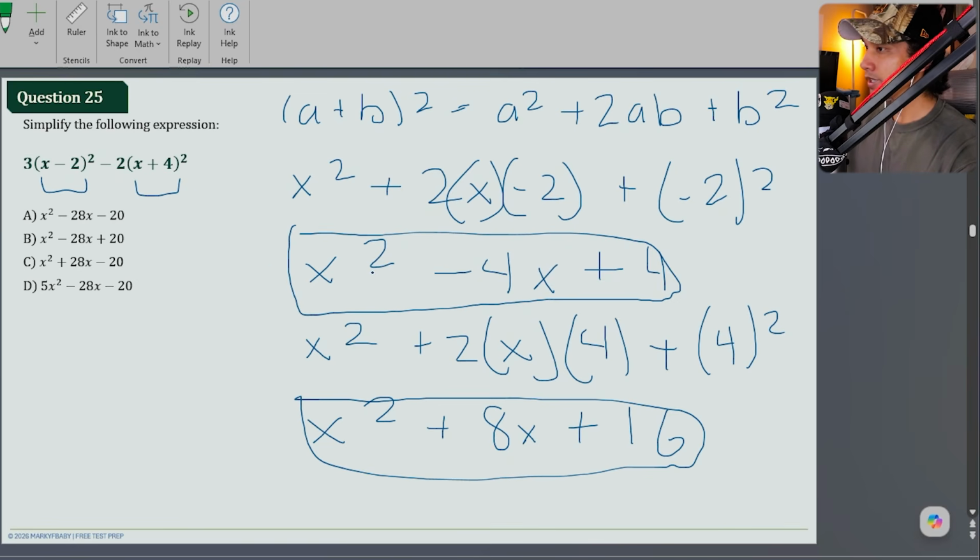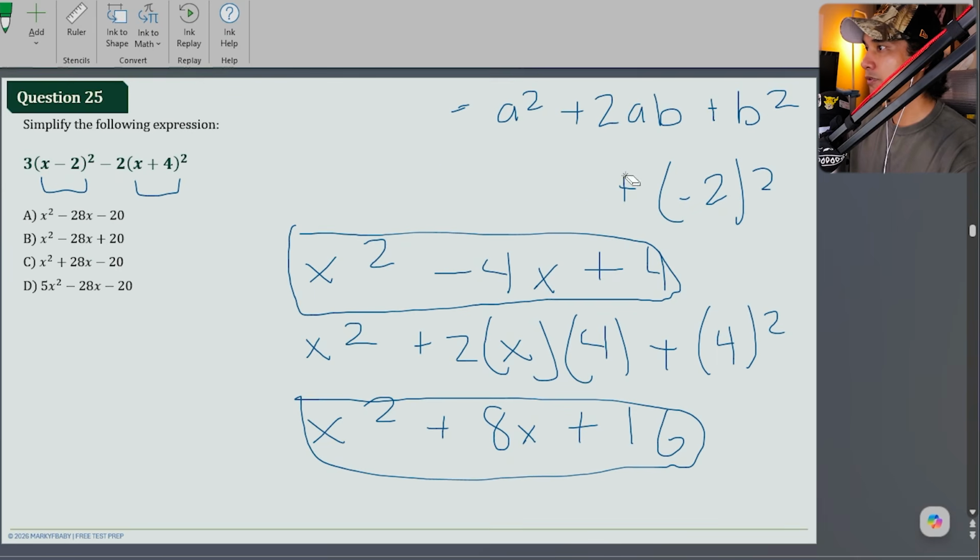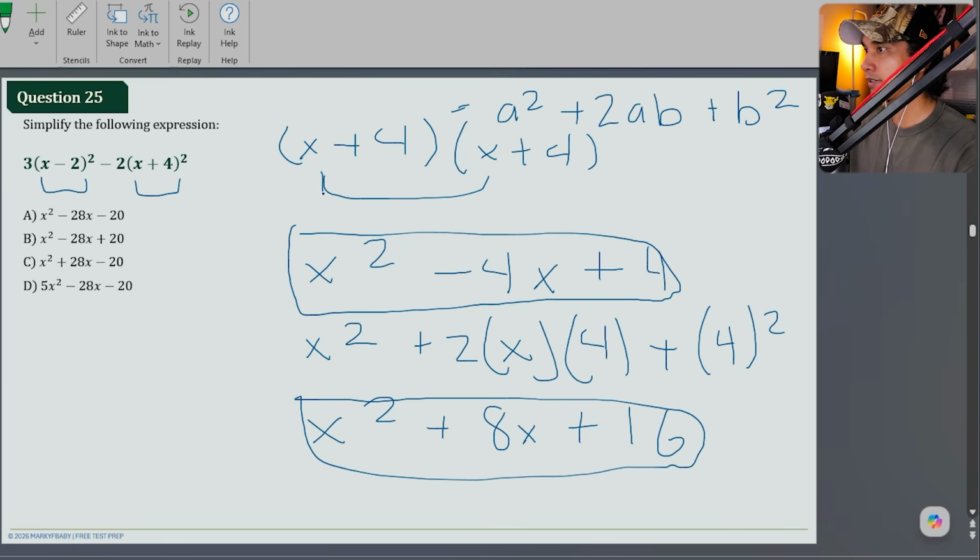And all we have to do now is multiply the coefficients and combine like terms. So let's go ahead and do that, okay? If you forget a squared plus 2ab plus b squared, you could always just FOIL. Just FOIL (x plus 4)(x plus 4) and start foiling, okay?